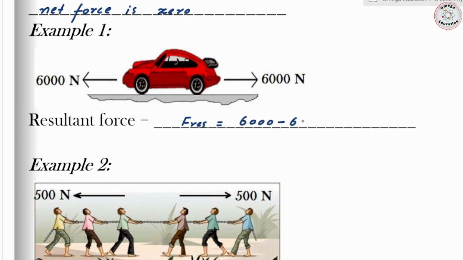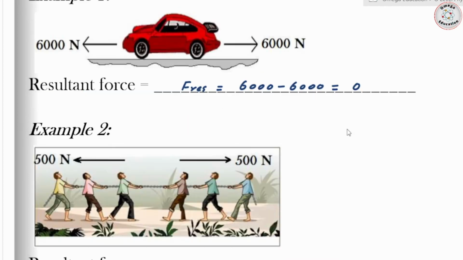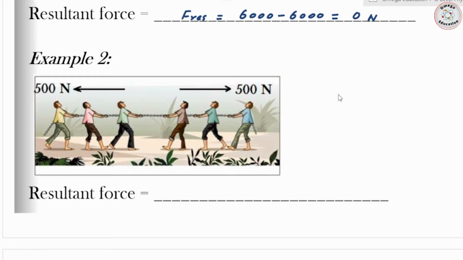Two forces, equal magnitude in the opposite direction. The answer would be 0. With 0, you can write Newton, or you can just not write Newton. The second case, the resultant force, F resultant equals 500 minus 500, and that would once again be 0 Newton.